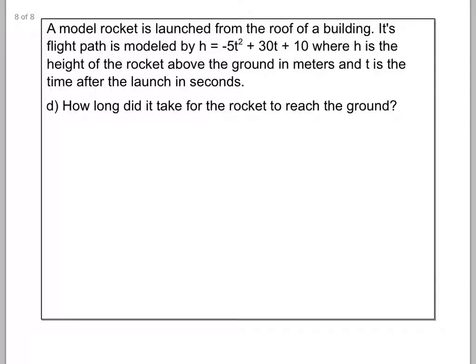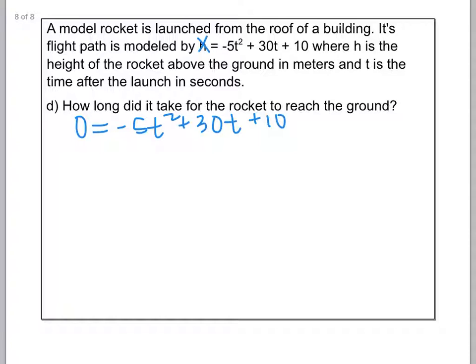Okay, last part is still connected to the same problem, so still working with that model rocket, but they want to know how long did it take for the rocket to reach the ground. Well, when the rocket's on the ground, I know the height is actually going to be 0. So what they're saying is, okay, if the height is 0, so 0 for h, and the rest of my equation stays the same, what's the time?